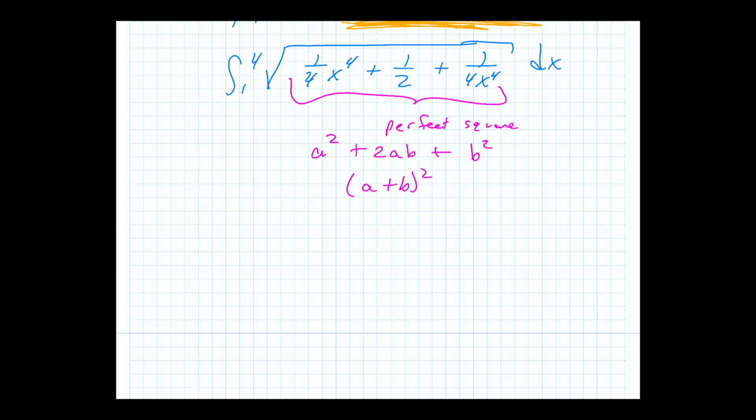And the reason that helps us is because all we need to do is know what this is the square of, and what this is the square of, and that's the a and the b. So I'm just going to put it here.